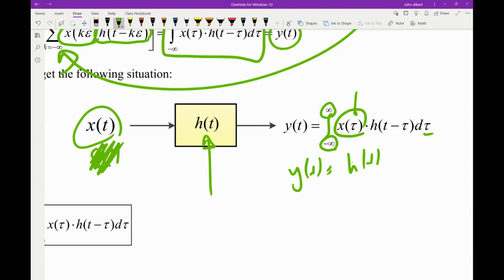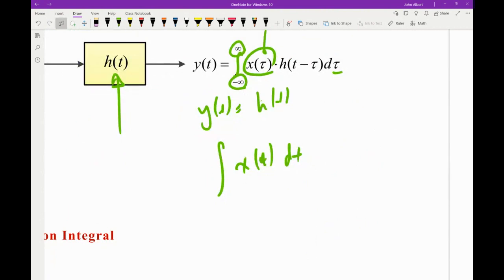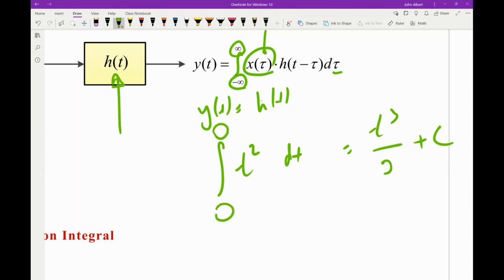And we know that whenever you integrate a function with respect to a variable, for example, the integration of t squared dt will be equal to t cubed divided by 3 plus a constant. This is what we call indefinite integration, where you don't have limits.